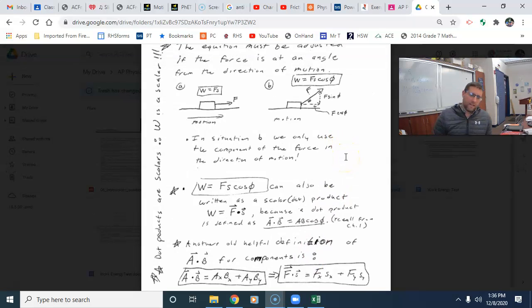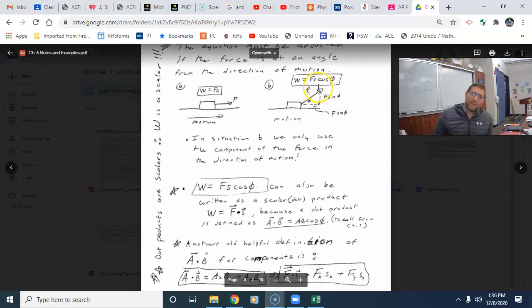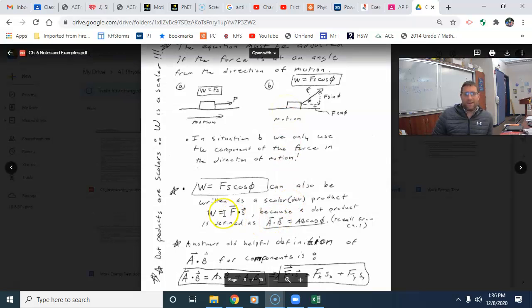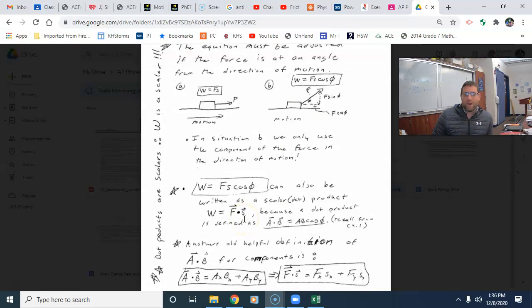The ideas of work and energy are scalars. That may sound weird, but especially with work, they come from magnitudes of vectors. We might consider the directions independently of those vectors, F and S, at some point, but when calculating the dot product between them to find work, it is a scalar quantity. And that leads us to something that will happen to you.